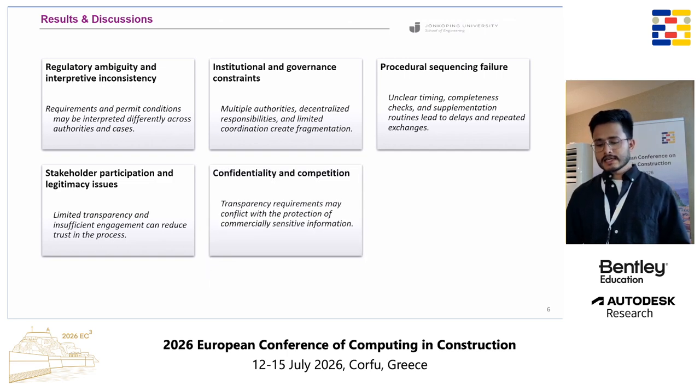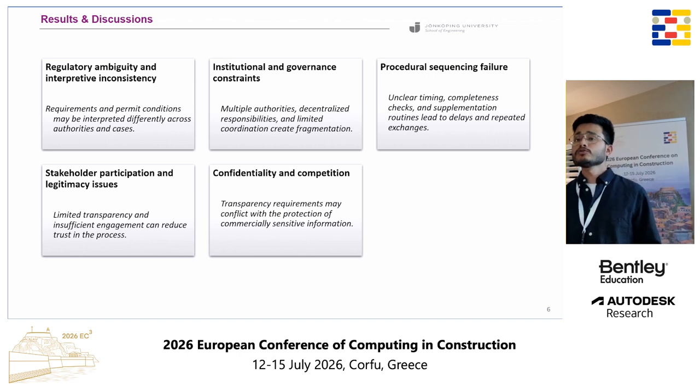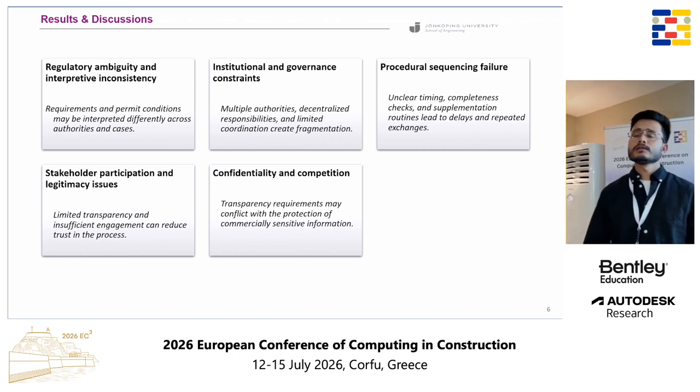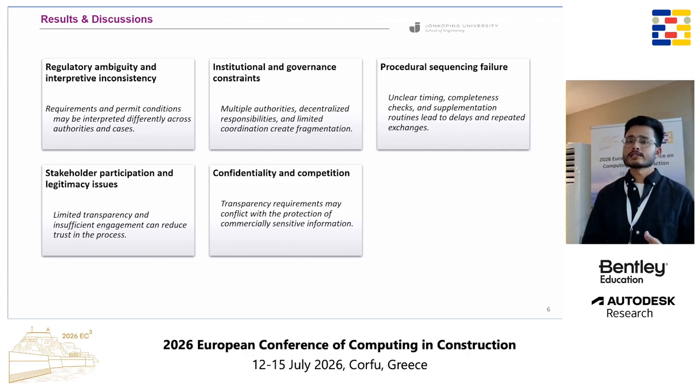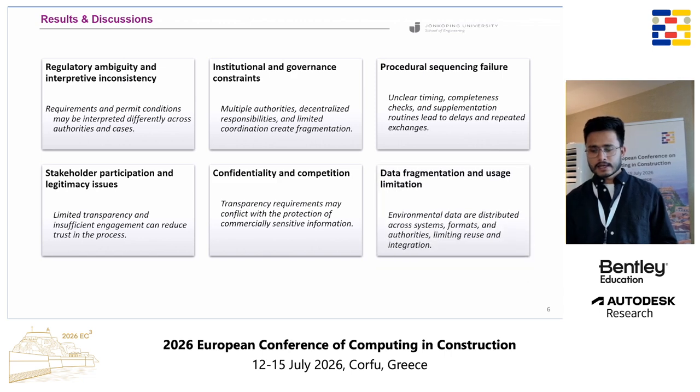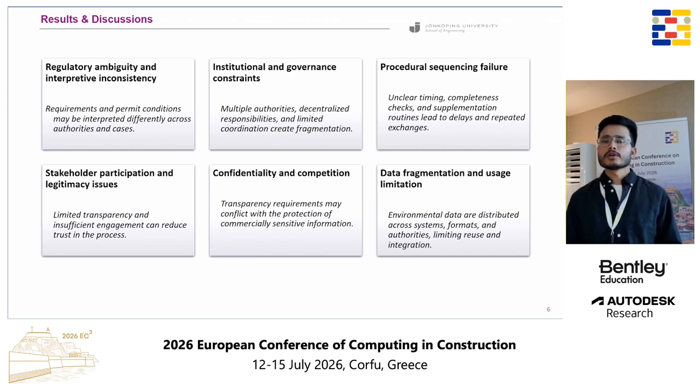Then confidentiality and competition: how do we make the submitted documents as transparent as possible while also keeping confidential information protected, so that we protect the applicant? And data fragmentation and usage limitation, meaning that data exists, but there is still fragmentation and limited reuse and integration.